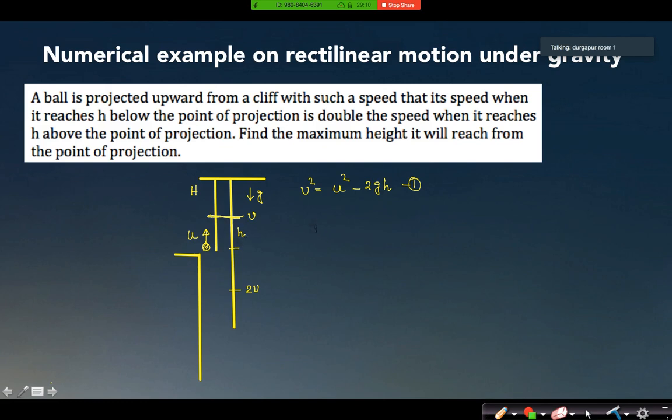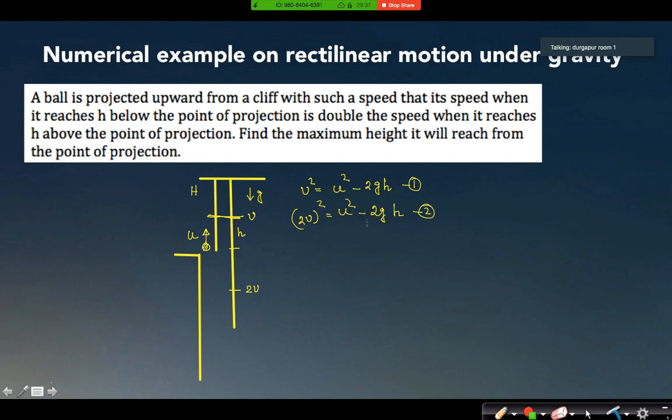Similarly, when the particle reaches below the same height of the point of projection, I will write this equation: 2v whole square equals u square minus 2gh. Have I written something wrong in this equation? Can you find what is wrong in this equation? Plus. Plus only. Plus 2gh.